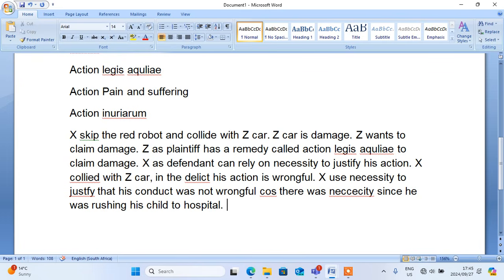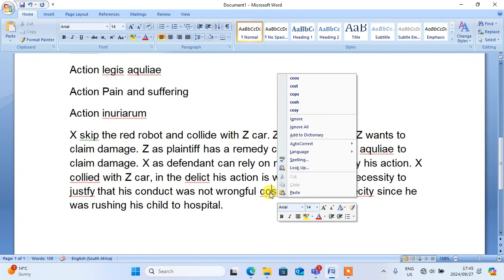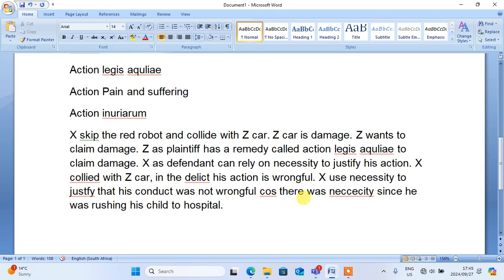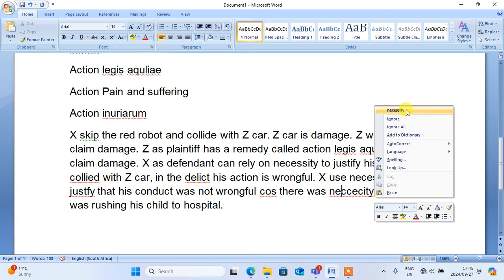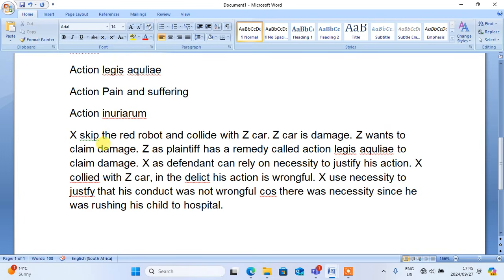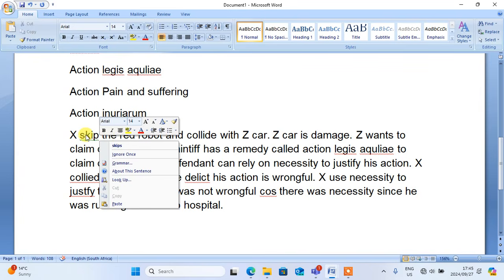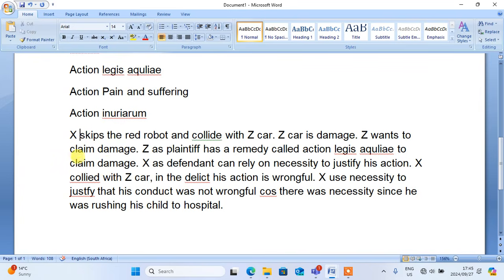Right? Okay. Now this is the first question that I'm giving, so that you're able to see. Let me say necessity here. You're able to see that X skips the red robot and collides with Z's car. Now Z is claiming damages.